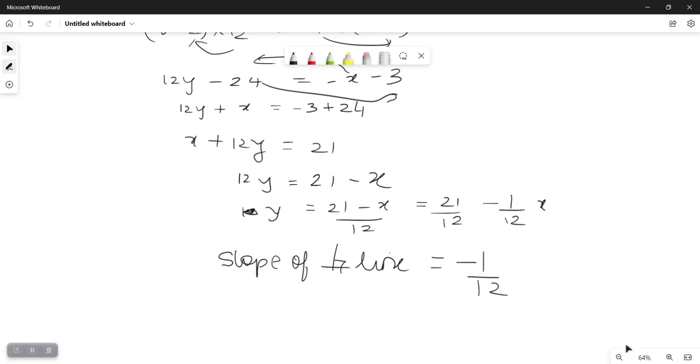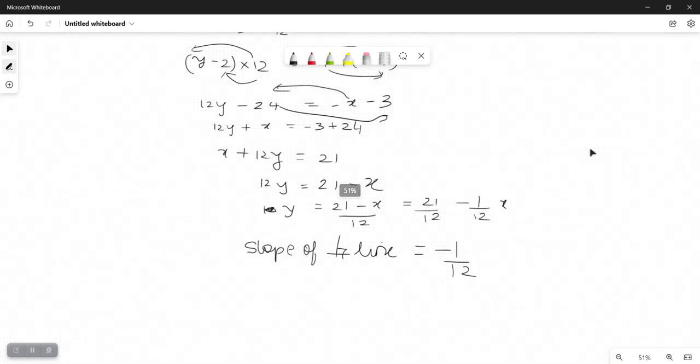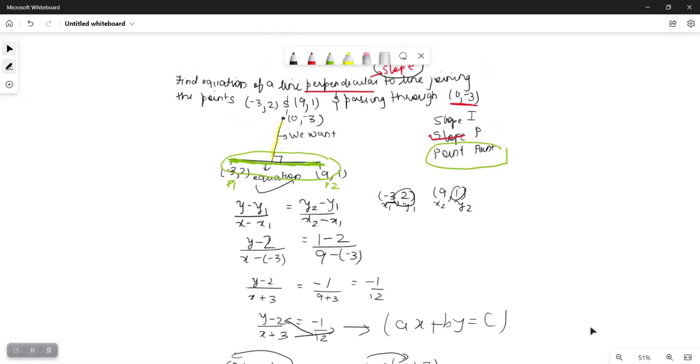What we have basically done till now is, we have found the equation of this perpendicular line, and from the equation we have got the slope of the perpendicular line.